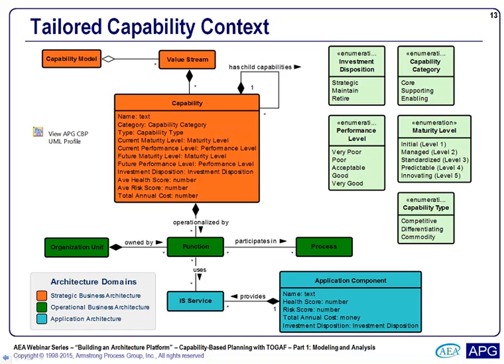But then we think of the capability model, the value stream, and the capabilities themselves as part of what we call the strategic business architecture, which is differentiated from the operational business architecture. In particular, the notion of what the TOGAF content meta model talks about as organization units, functions, and processes, amongst other things.